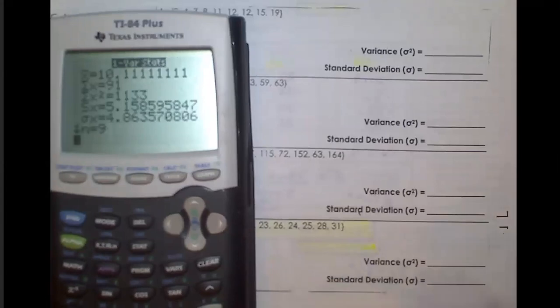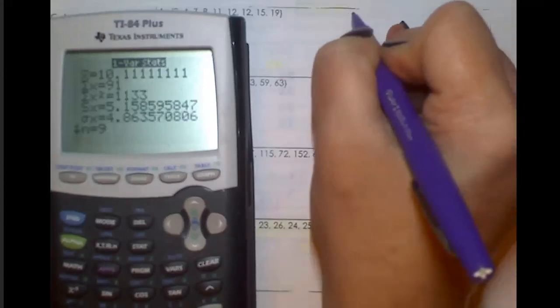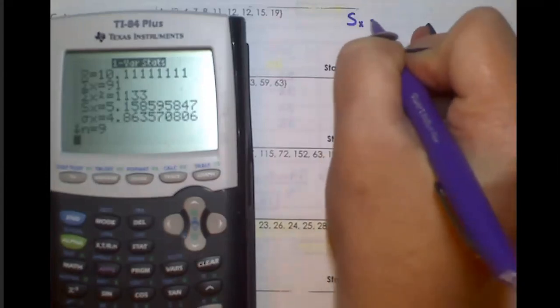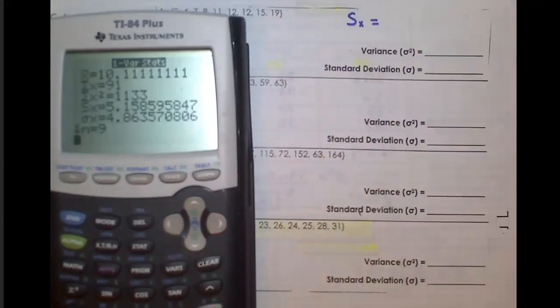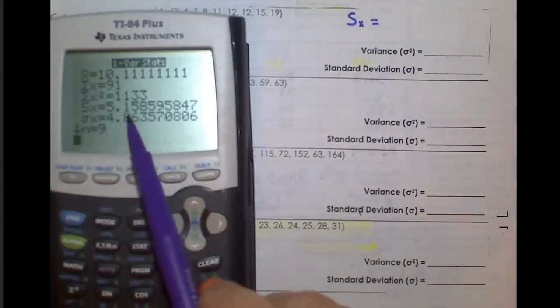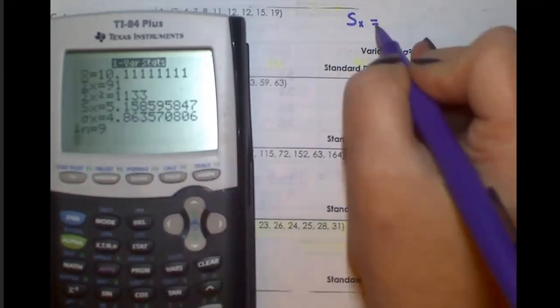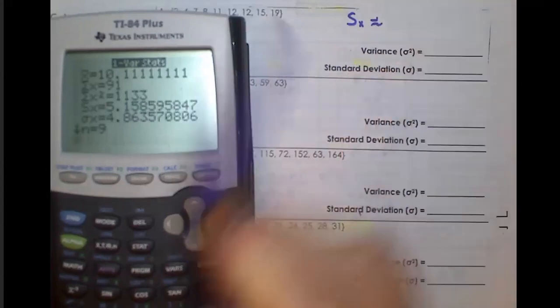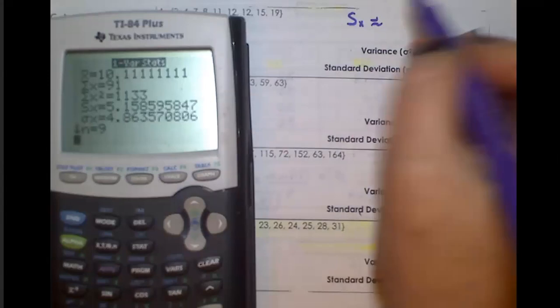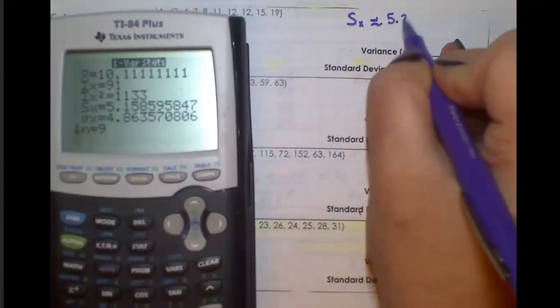First of all, the Sx right there stands for your sample standard deviation. So this right here is considered your sample standard deviation. I'm going to round to one decimal place this time, and say approximately 5.2.